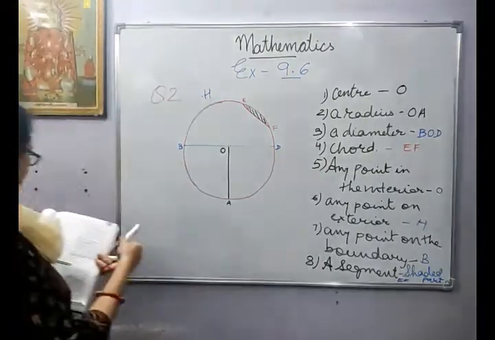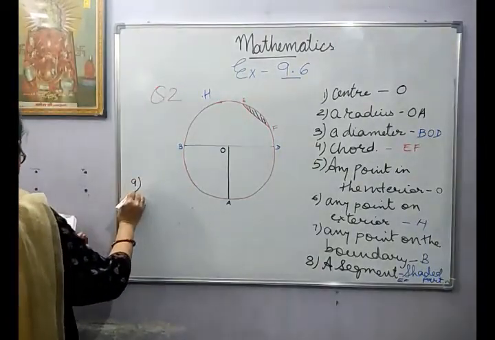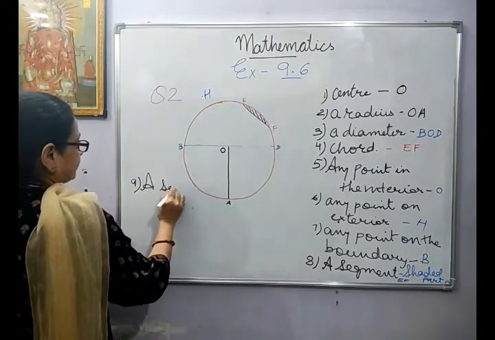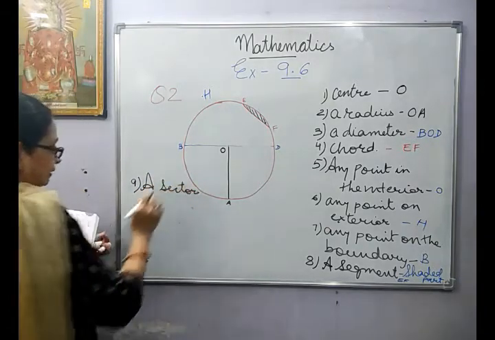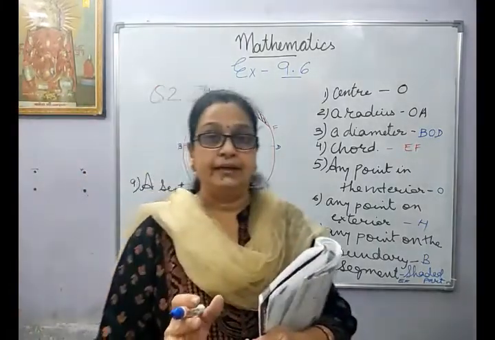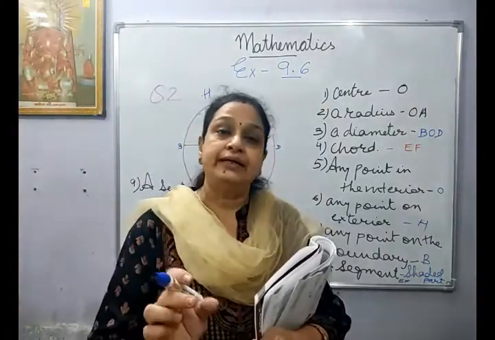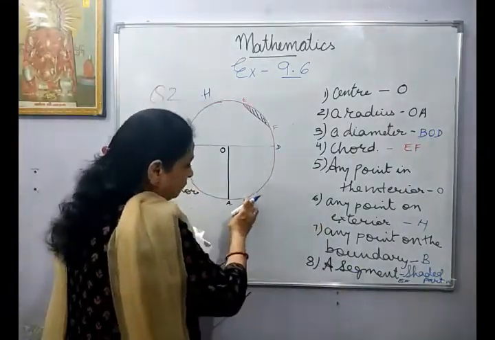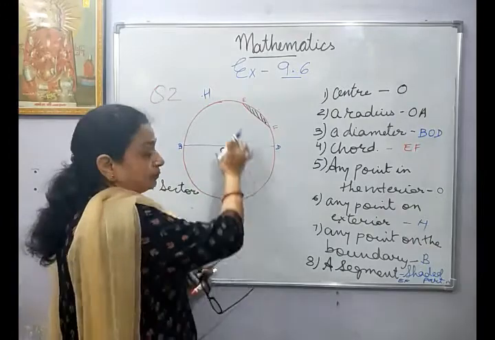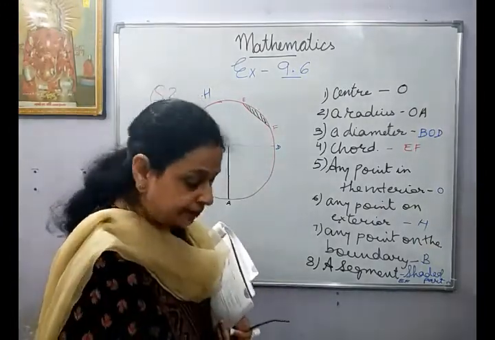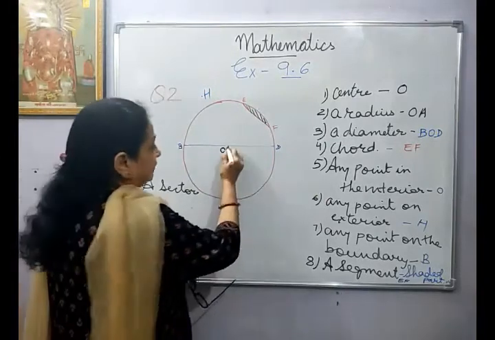Then ninth one, a sector. Segment we have done. Children, a sector is an enclosed area where the center point is joined by two radii to points on the arc, and they form an enclosed area. One radius is this.